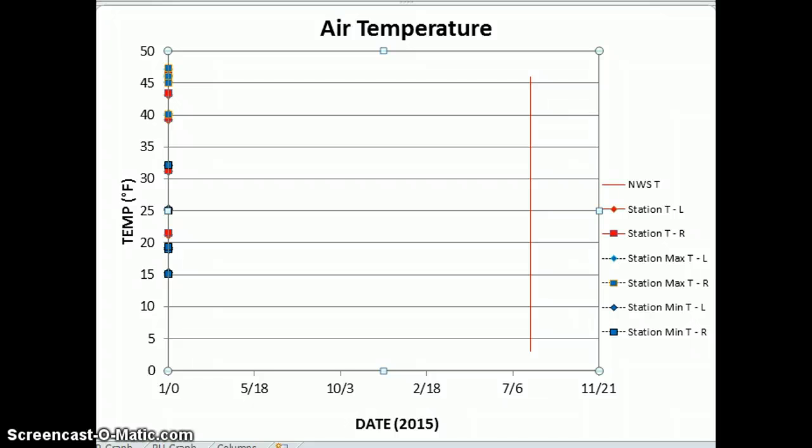My max left temperature was 40.2 degrees Fahrenheit, 4.6 degrees Celsius, and my max right temperature was 40.1 degrees Fahrenheit, 4.5 degrees Celsius. My minimum left temperature was 15.3 degrees Fahrenheit, negative 9.3 degrees Celsius, and my minimum right temperature was 15.1 degrees Fahrenheit and negative 4.4 degrees Celsius.